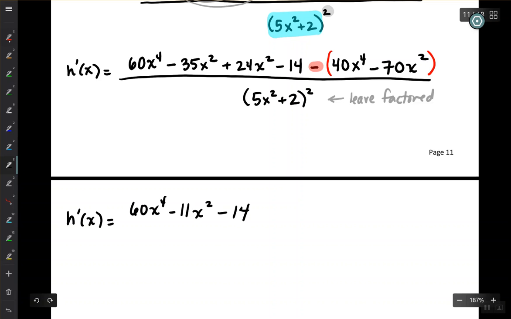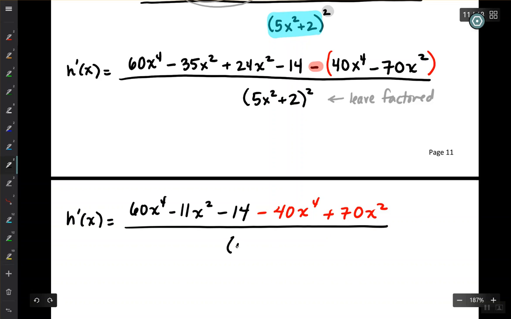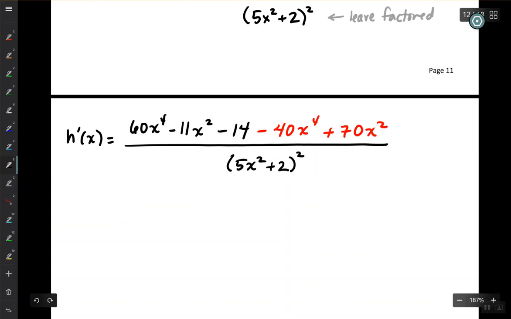And now, distributing that negative, we'll have minus 40x to the fourth plus 70x squared, all over my denominator, low squared. And we've got a few like terms here.